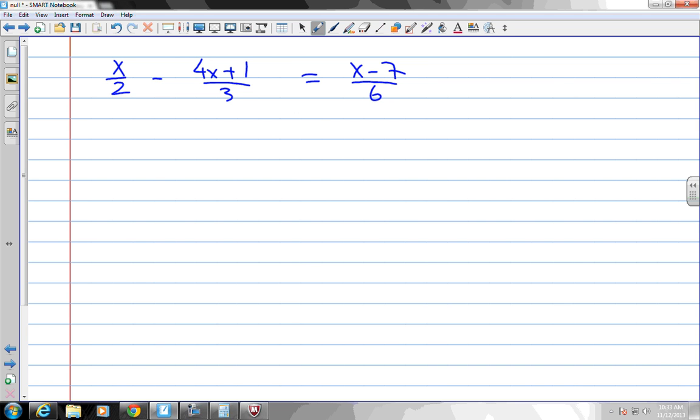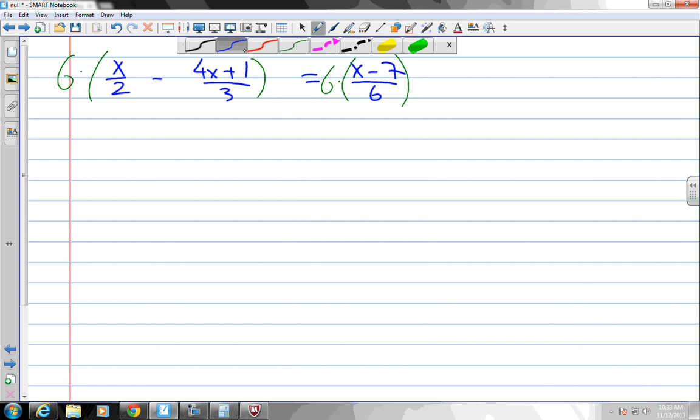So cross multiplication won't work here because I want to have a fraction equals a fraction. Here I have two fractions on one side. But that LCD trick will work. If I ask you what is the least common denominator for all fractions here, 6. So just go ahead and multiply both sides by 6 to clear out all the denominators.